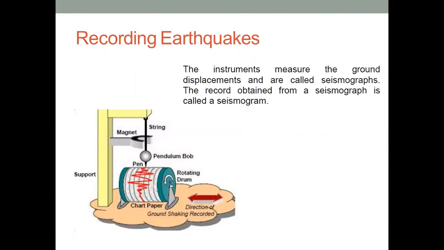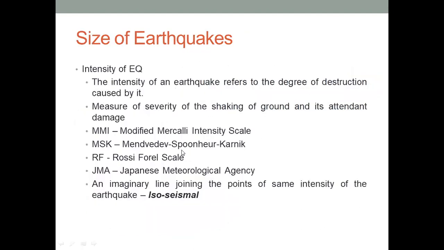So all these three are ground movement during the earthquake: ground displacement versus time, ground velocity versus time, and ground acceleration versus time. Like that, three records we can obtain during the earthquake from this seismograph.